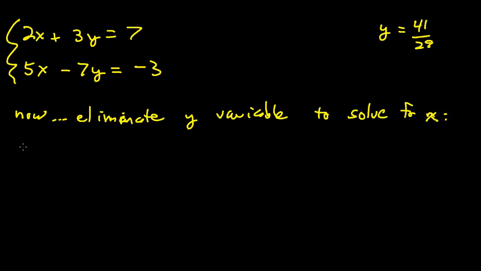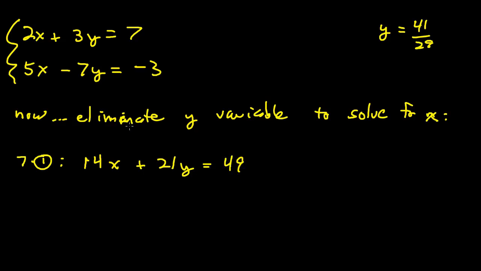All right, I'm going to take the top equation and multiply it through by, let's see, positive 7. Take equation 1 and multiply through by positive 7. That will give me the resulting equation 14x plus 21y equals 49.